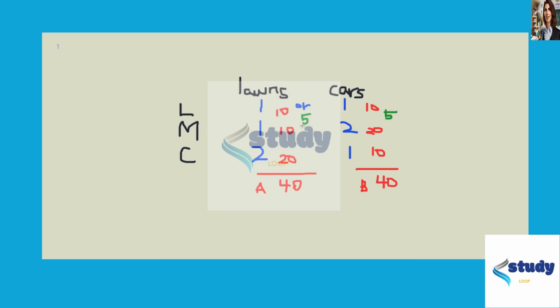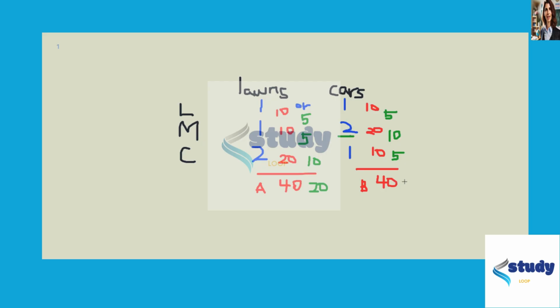And for Mo, he can mow 5 lawns and he washed 10 cars because his speed of washing cars is faster. And for Curly, it's the other way around. So he mowed 10 lawns and washed 5 cars, because using 5 hours to wash the car and 5 hours to mow the lawn. So in total, it's like 20.